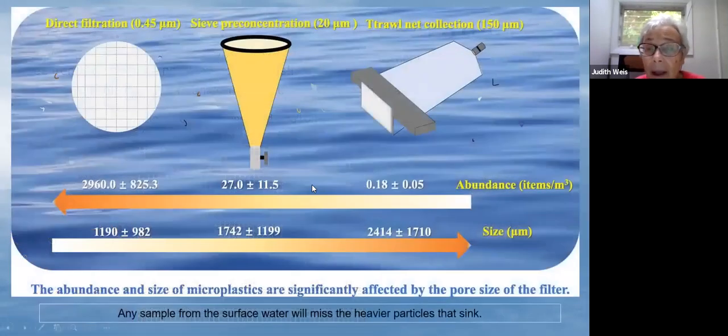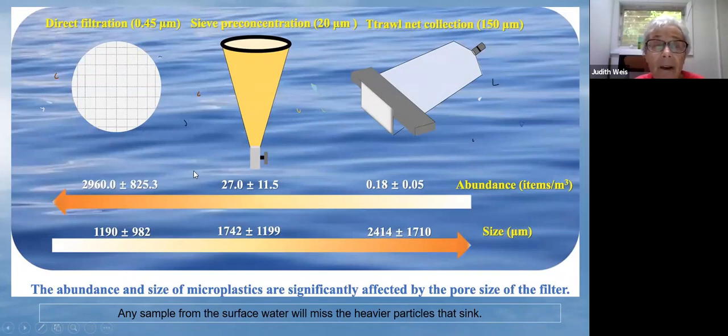Here's another more quantitative study. When you collect with these kinds of nets, you get a smaller number of plastics of large size, because that's what you're selecting for. You're selecting for the big ones. As you put it through a finer sieve, you end up catching more, including more of a smaller size.